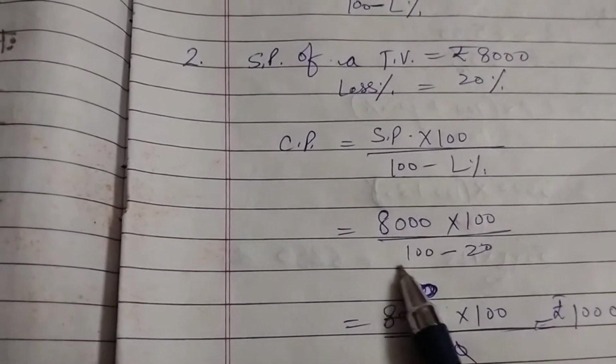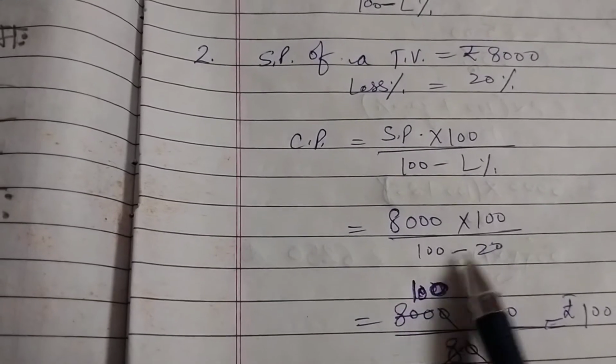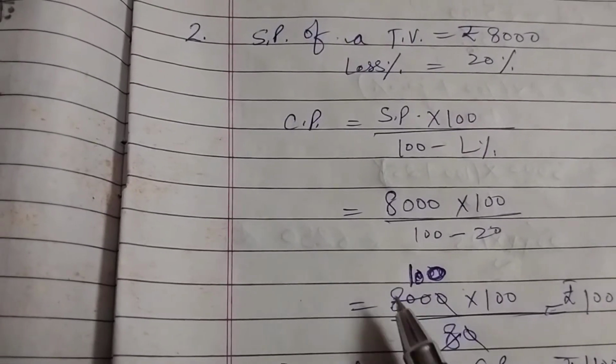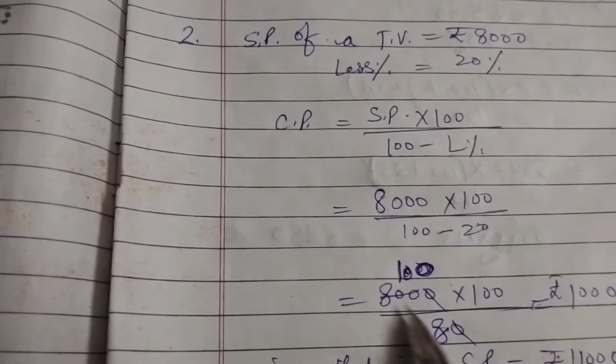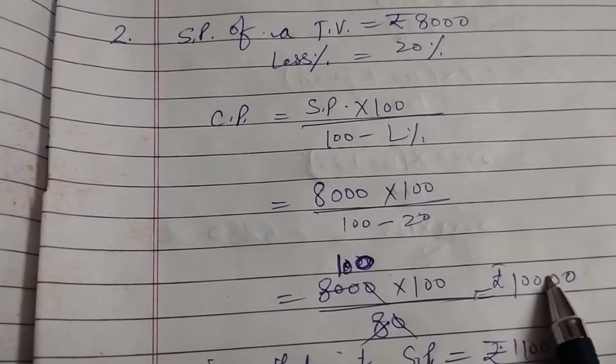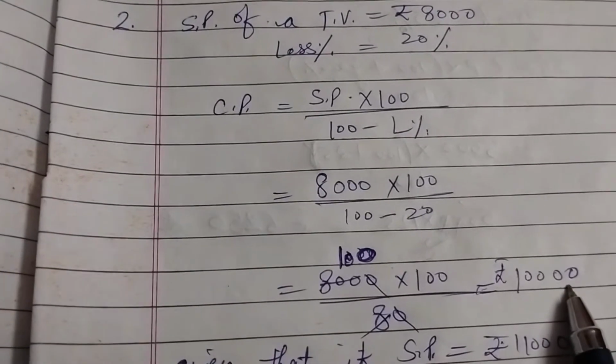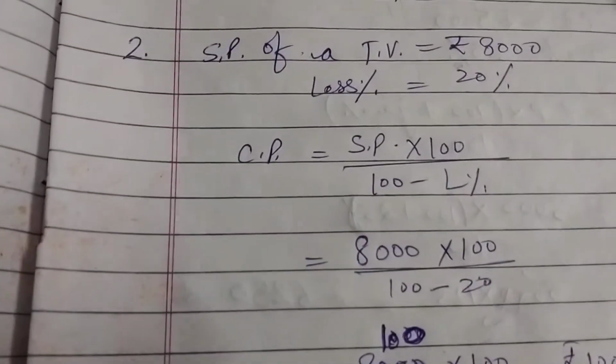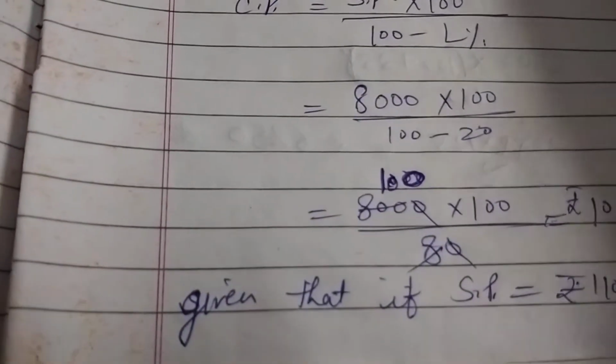Here firstly you will subtract these two: 100 minus 20, 80 you will get. 8,000 into 100, then multiply and cancel. After cancellation you will find the value 10,000. It means CP of the television is 10,000 rupees.